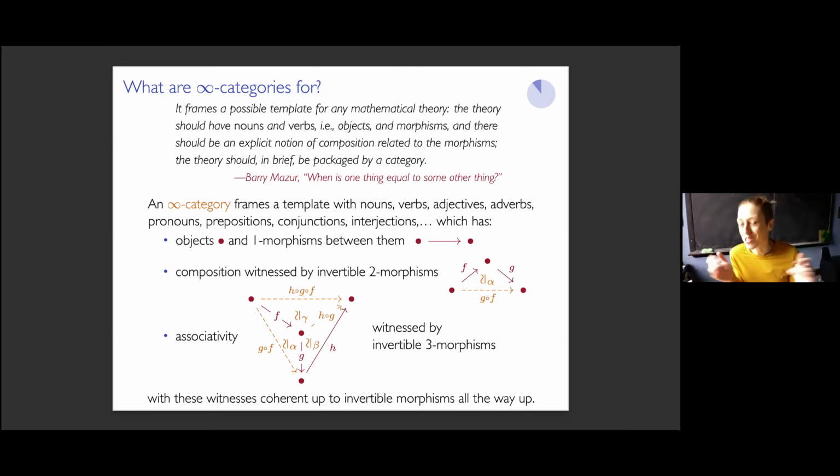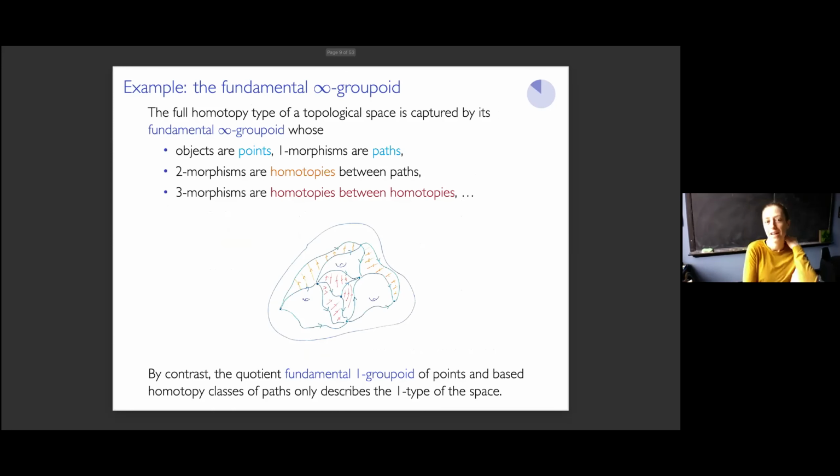And of course, also the two-dimensional morphisms need to be composable, and the three-dimensional morphisms need to be composable, and the four-dimensional morphisms need to be composable, and invertible in a weak sense, and composition is associative in a weak sense. And so there's quite a lot of composition data that is required in an infinity category. Okay, so that's the vague idea. Let me give you a motivating example.